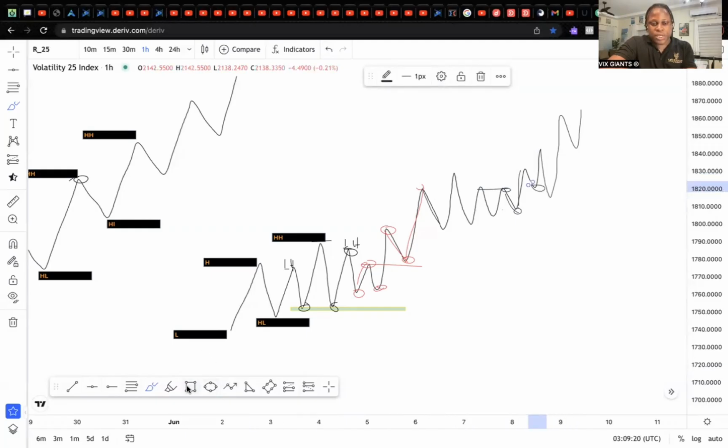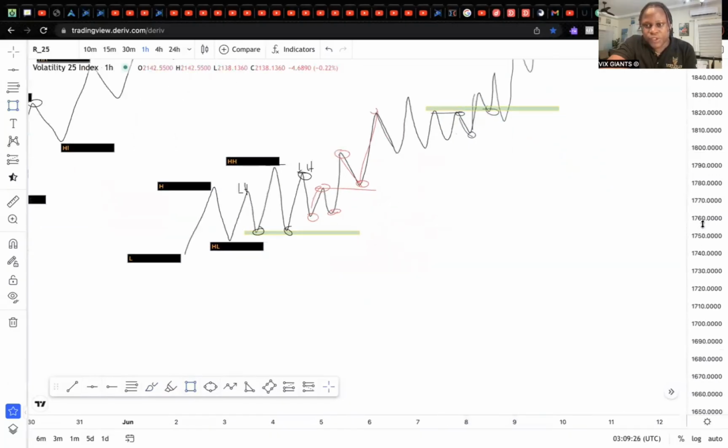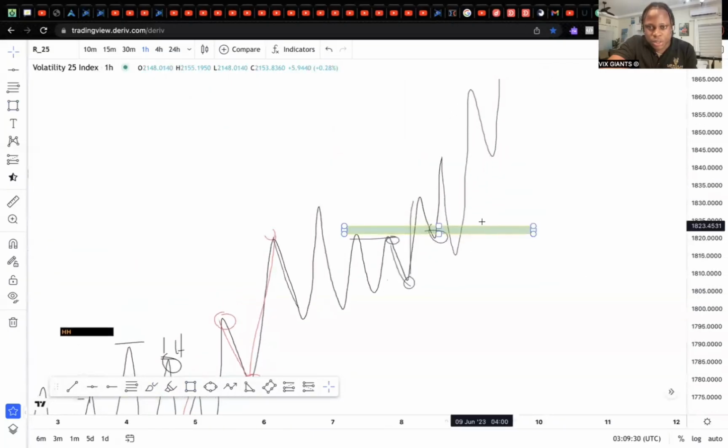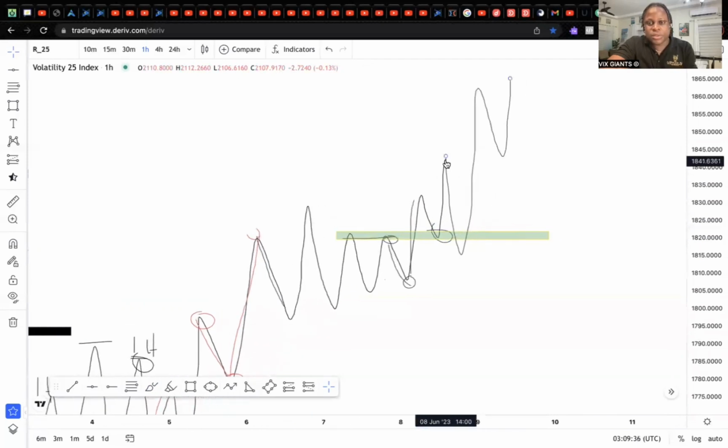And if we should draw a rectangle zone right there, and we scale in and we look, we would have seen what the market did. It pushed up after creating this higher low point, creating a higher high, we pull back, pushing below the previous higher low point that we created, right?